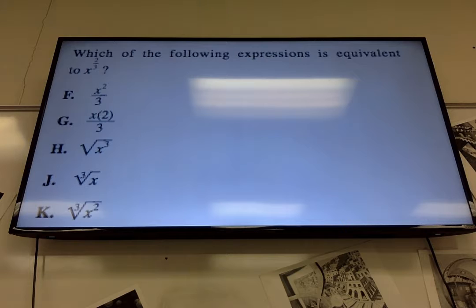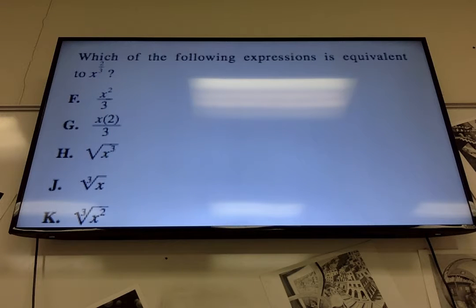If you have x raised to a fractional power, then the number on the bottom, the denominator, is the root. So for this problem, the 3 is the root, so it'd be a cubed root. So that narrows it down. And then the number on the top is the power. So that's x squared.